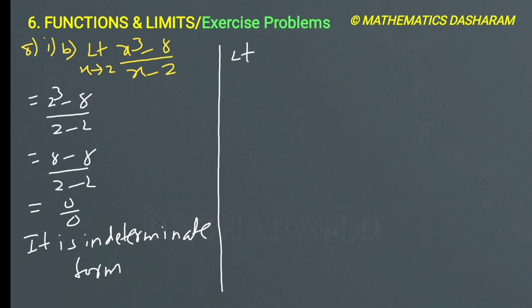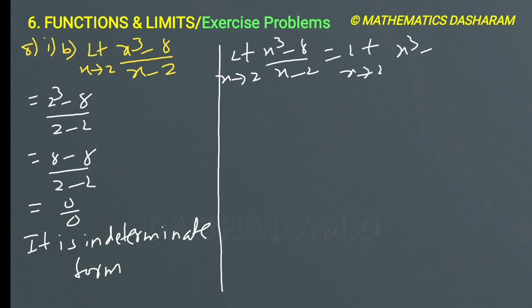So let's find out the answer in another way. So same like the previous question. Here limit x tends to 2 of x cube minus 8 can be written as 2 cube, divided by x minus 2. So for the numerator apply the a cube minus b cube formula.